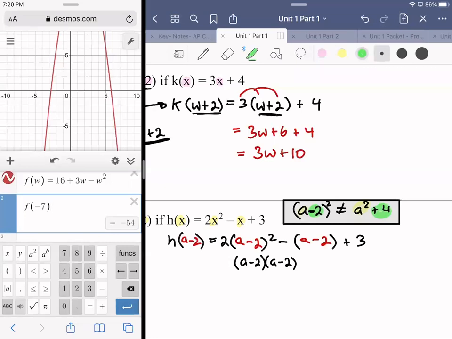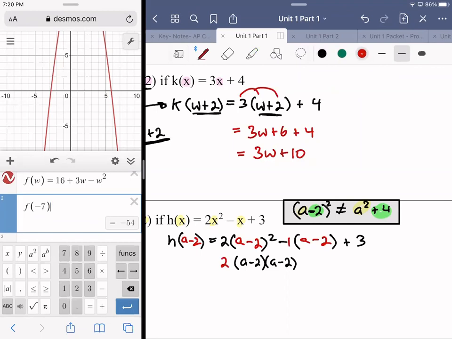That's not how it works. If there's multiple terms within an expression, you have to use a distributive property. Sometimes it's the FOIL method, double distributing, and sometimes it's simpler or more complicated, but you still have to do it. So I'm going to bring down the 2.